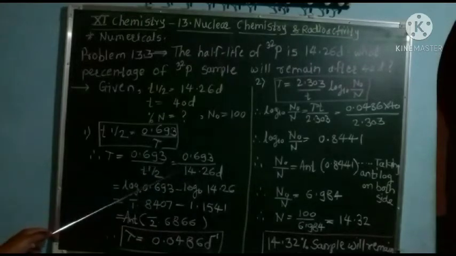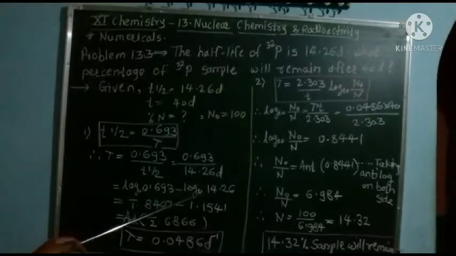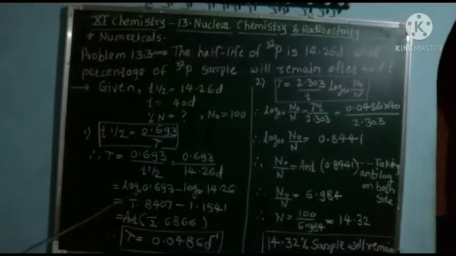Log of A upon B is log of A minus log of B. Therefore log of 0.693 minus log of 14.26. Whenever we find the log, first the characteristic. Here there is a 0 before the decimal, so minus 1 characteristic will be here. If we see the log of 693, it will be 8407.